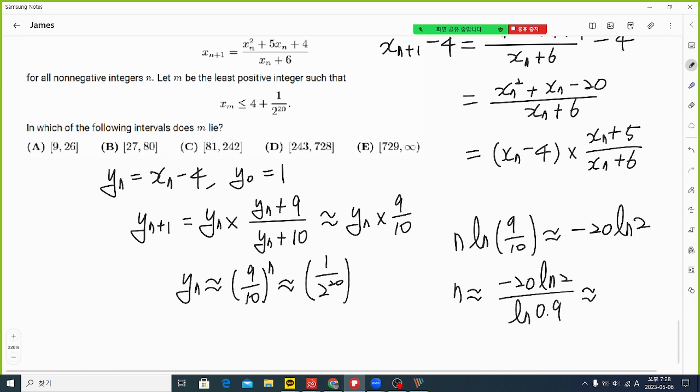I got around 131.58. Okay, so let's say 132 to be close. So which interval from the options contains the number 132? C. Yep. So the answer is C.